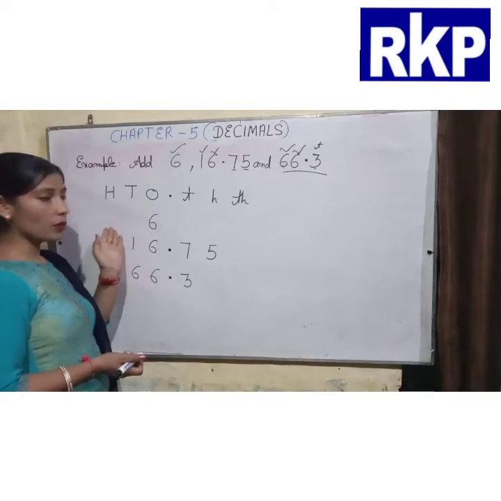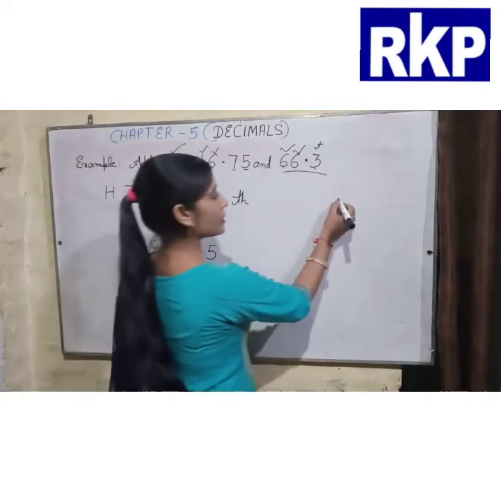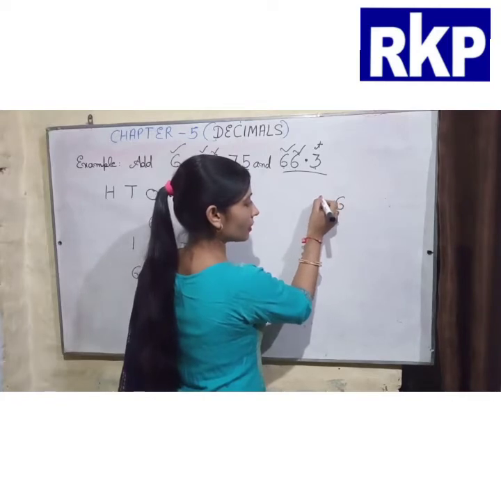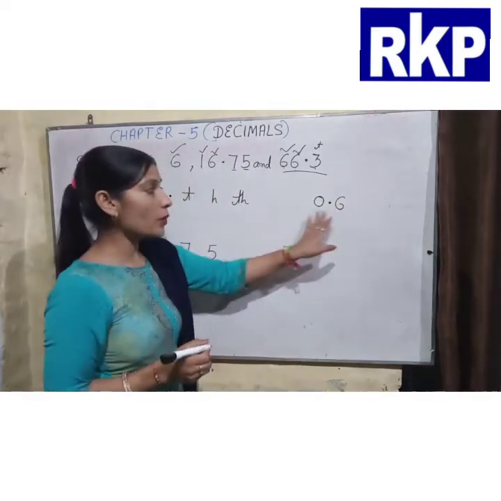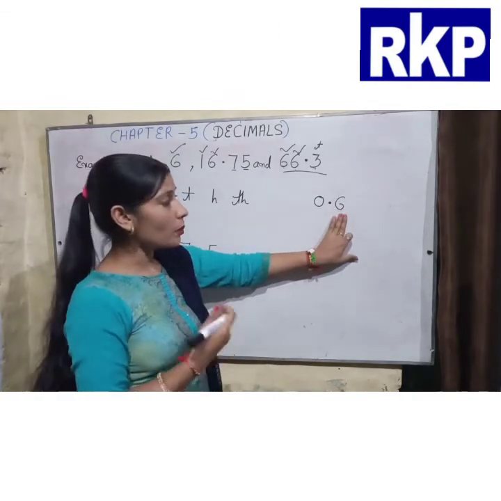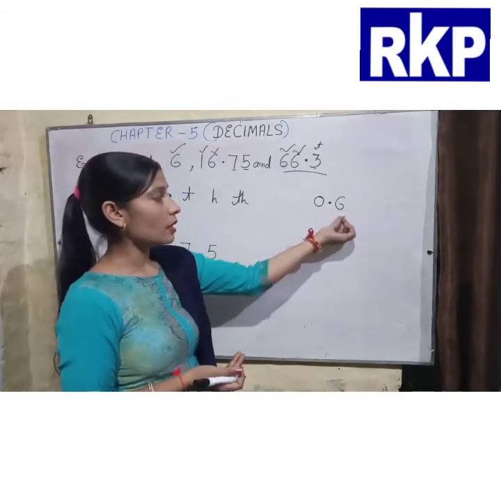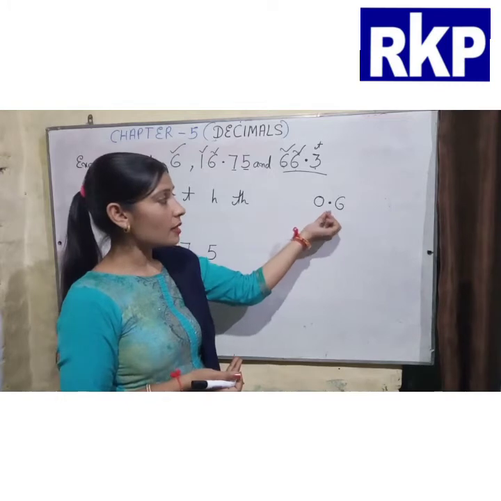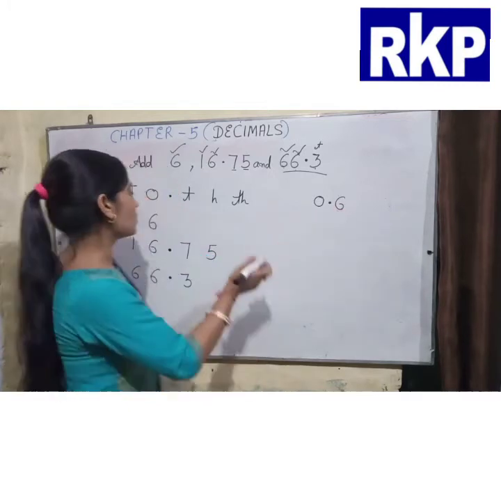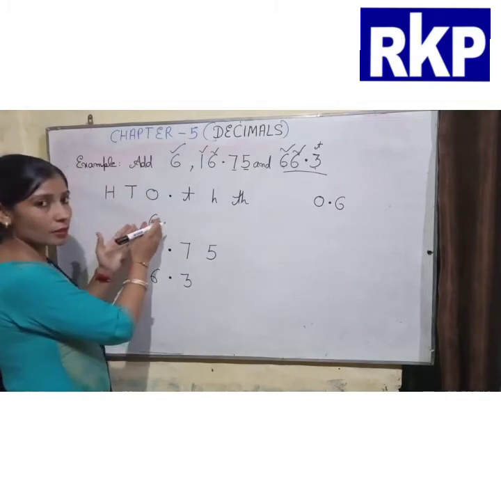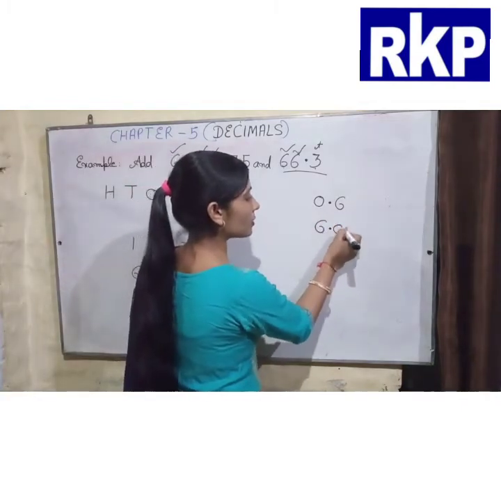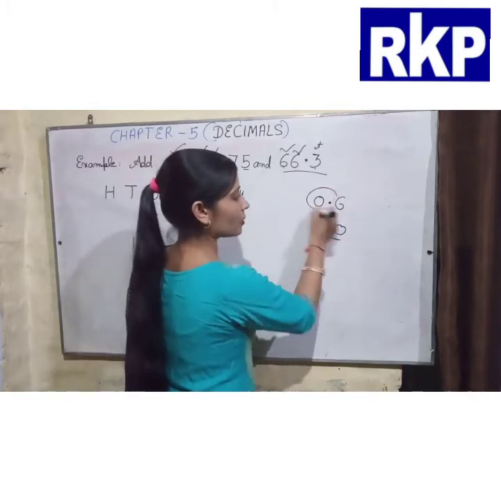Okay, not before 6. If we write 6 like this, it means 0.6, which means 6 will come in decimal part, not in whole number part. But 6 is a whole number. Okay, so 6 will come in ones place and we have to write 6.0 like this, not like this beta.